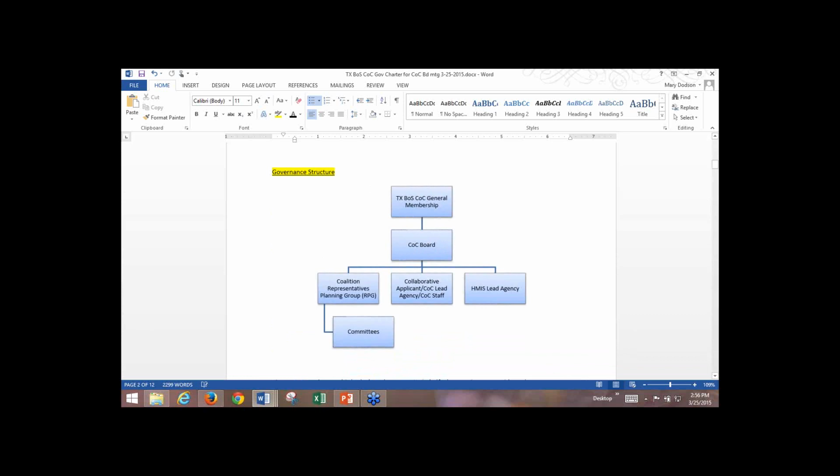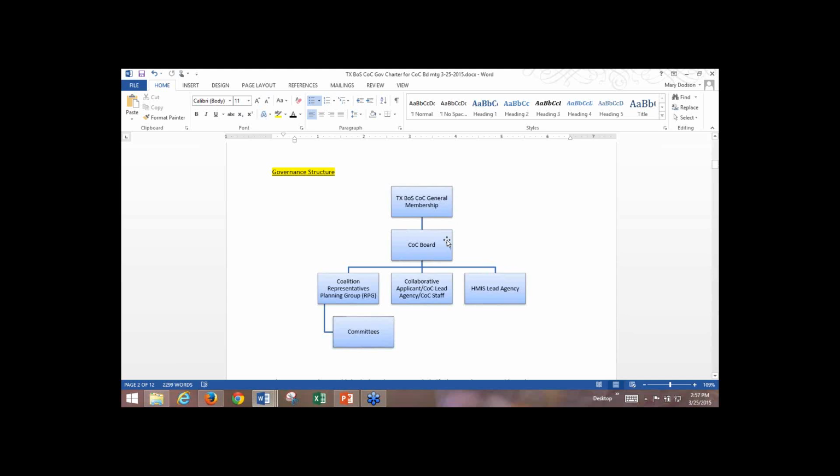And you'll see here, I've put this one in yellow because we did redesign this org structure just a little bit from the one that had been in the charter based on some great feedback. We wanted to make sure that we were showing that the general membership of the COC is at the top and ultimately has the power, because all of you who are on the call today and everyone else in our COC geography is considered to be a general member of the COC, and you all get to vote on who the COC board members are under this charter.